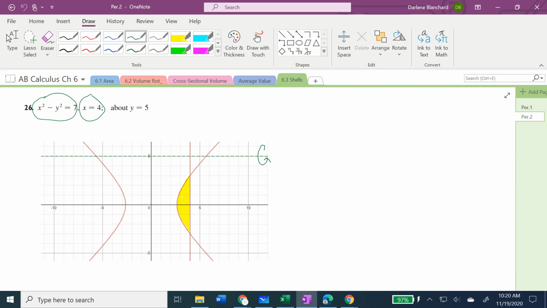So when I draw my rectangle, it's going to be parallel to the axis of rotation. Once I draw the rectangle, the differential is going to be the other direction. So if this is a horizontal length, then the differential is a tiny vertical cut, and it's a dy.